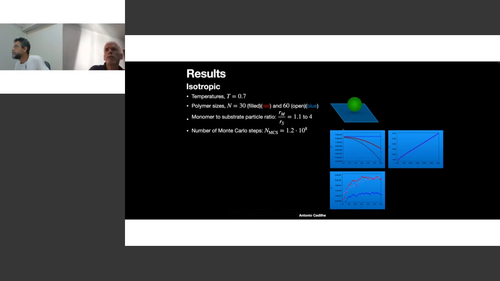I just want to point out that red or filled symbols are for a size of 30, and open or blue symbols are for a size of 60.